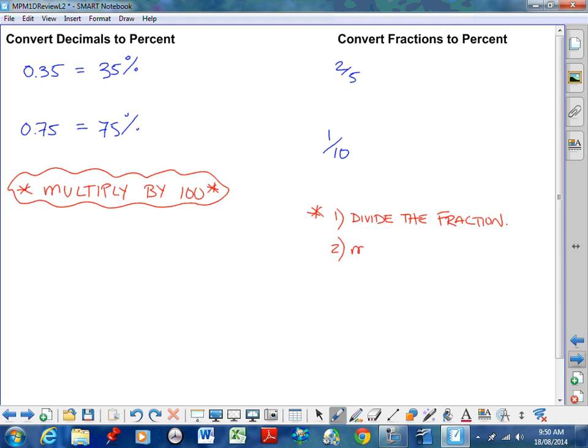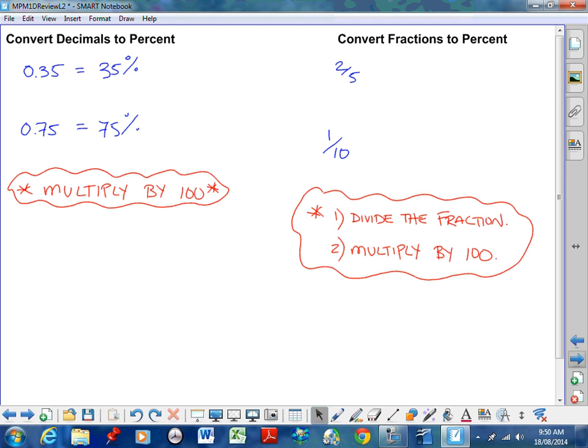Then multiply by 100. So 2 steps. You do your division: 2 divided by 5 on the calculator gives you 0.4. That's step 1, divide the fraction. Now multiply it by 100, and you get your 40%.